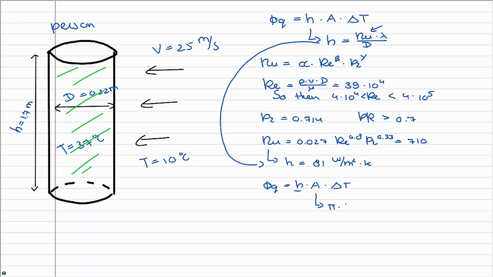Then this is the area which you are talking about, and we also know these numbers. And delta T is the temperature of the body minus the temperature of the air, which is then 27 degrees Celsius. So then we also know the heat loss, which is, well, this equation.